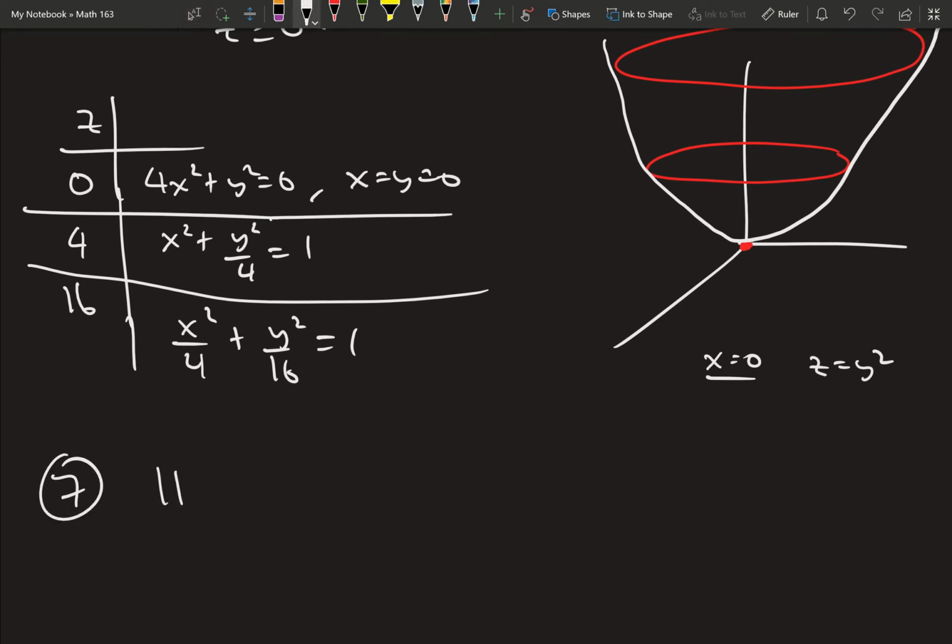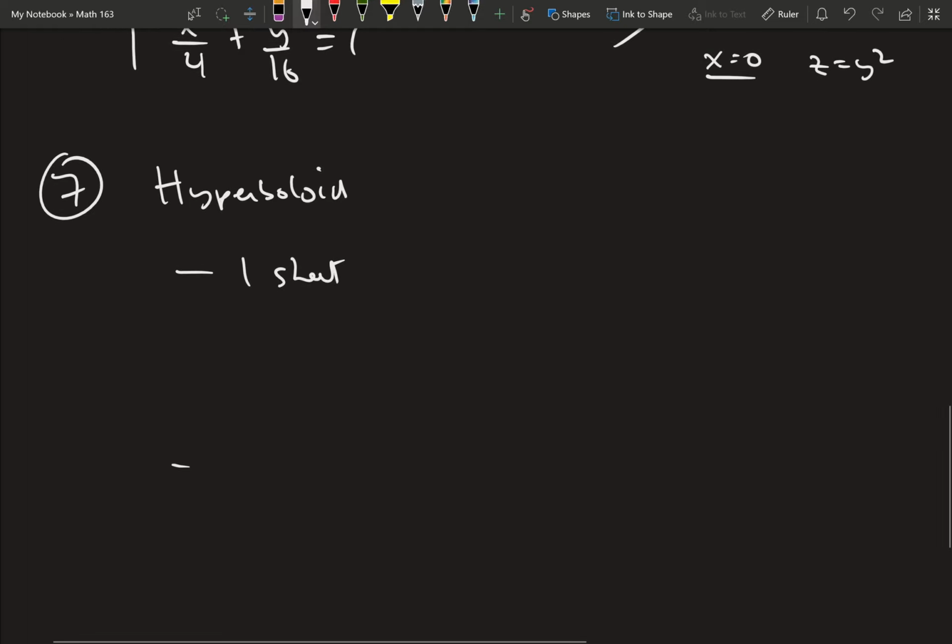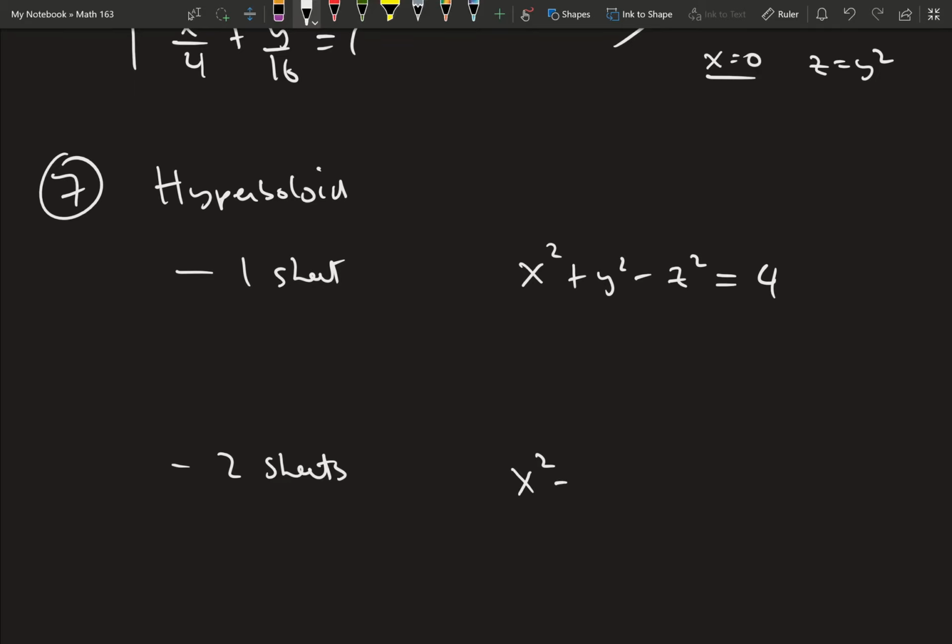The next example that we have is what's called a hyperboloid. And there's two types here. There's a hyperboloid of one sheet and the hyperboloid of two sheets. We'll see why these names are there. I'm giving relatively simple examples. For each of these, you can always modify these to make it a bit more complicated, but these suffice for giving the idea.